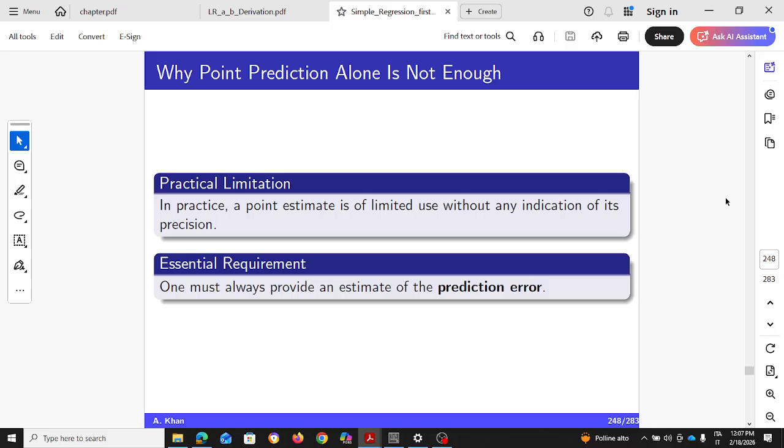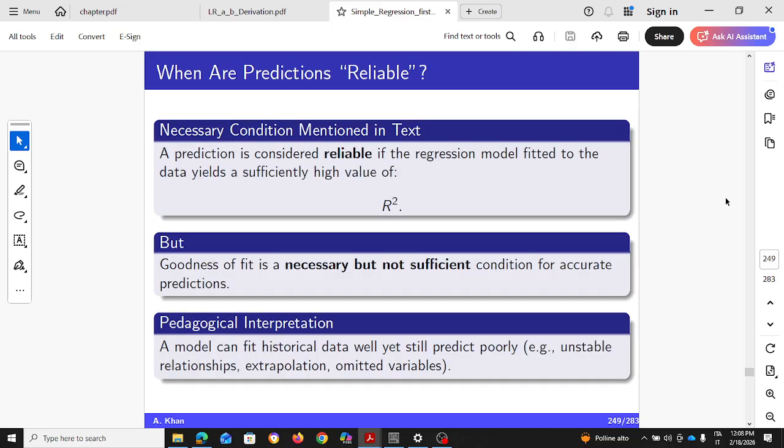A point estimate is usually limited in that it gives no indication of precision. So you have a point and that's it. It is essential for any prediction to say, okay, this is my prediction, but this is the prediction error. So you should have a range that defines how much you are deviating from the predicted value.